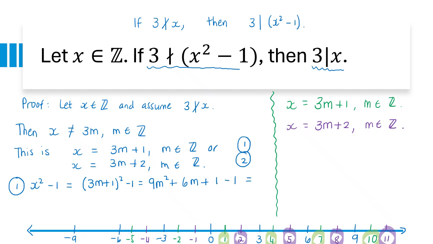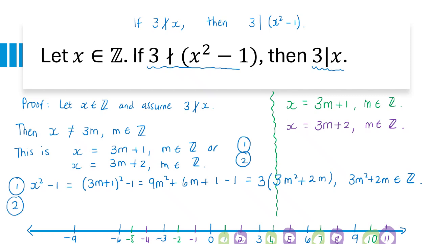And if we simplify this, we want to show that 3 is a common factor, and there is a common factor of 3 that we can remove. If we factorize this out, we will get 3 times (3m squared plus 2m), and what we have in the bracket, 3m squared plus 2m, is indeed an integer. So what this means is 3 is a divisor of x squared minus 1.